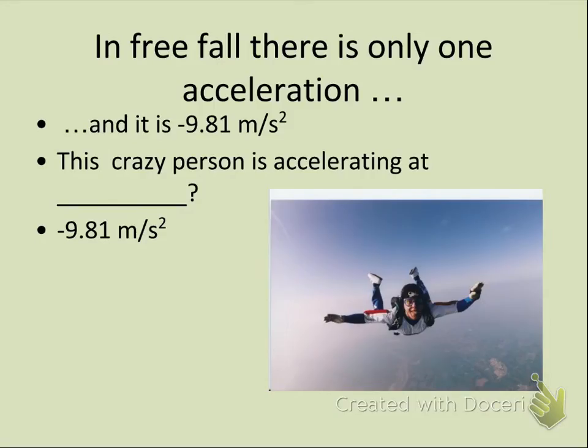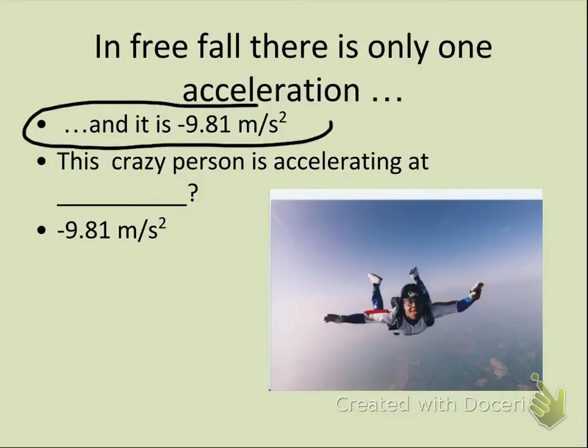And that acceleration is negative 9.81 meters per second squared. And this is a number that you will remember and use every day. So this person who's skydiving, plunging towards the earth, when we subtract out air resistance, their acceleration is, guess what? Negative 9.81 meters per second squared.